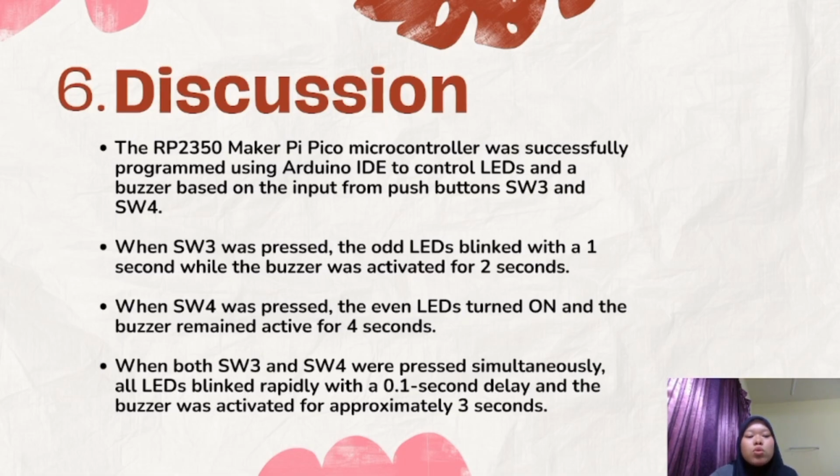The buzzer was also active for approximately 3 seconds. This demonstrates that the microcontroller could handle multiple inputs simultaneously and perform a different output pattern based on the condition. Overall, the experiment was successful because all the outputs behaved according to the programming logic. The LED and buzzer respond correctly for each button combination, proving that the input-output control system was functioning properly.